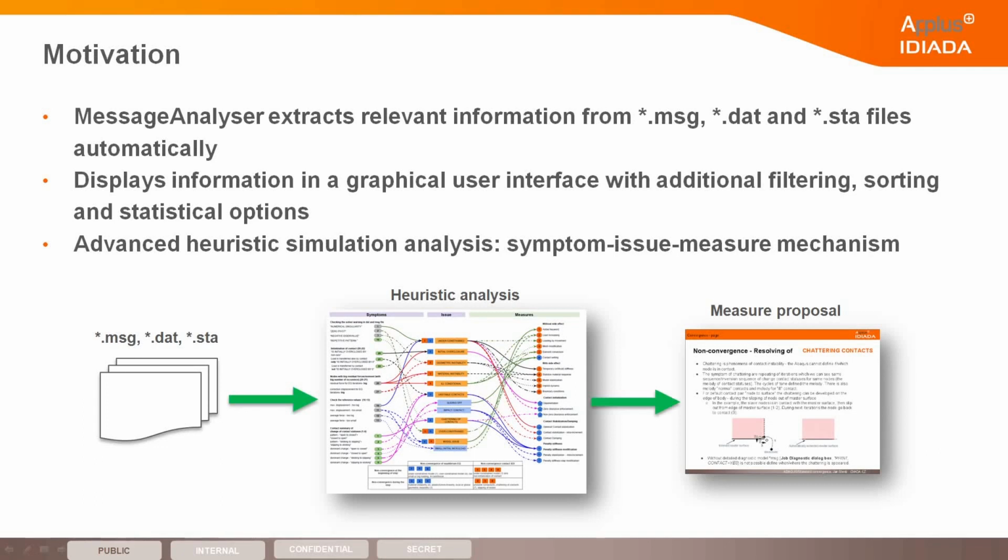Heuristic analysis is able to identify and point directly to the entities responsible for the issue, as if one of these experienced CAE engineers sat right next to you, providing you with the most valuable hints and recommendations.